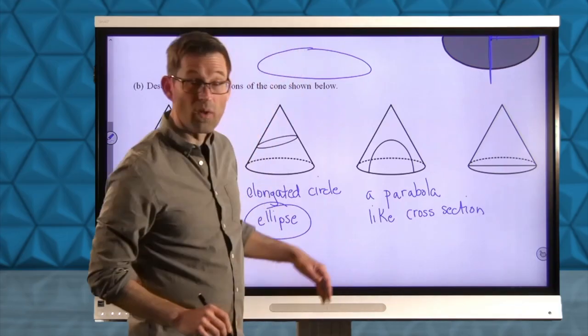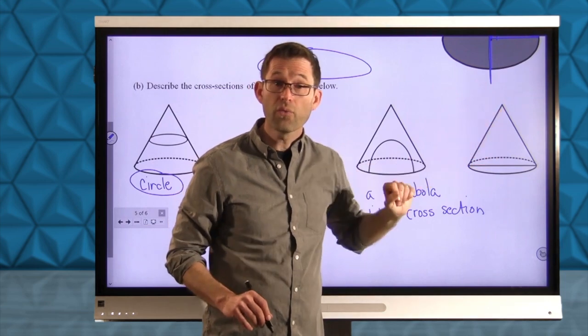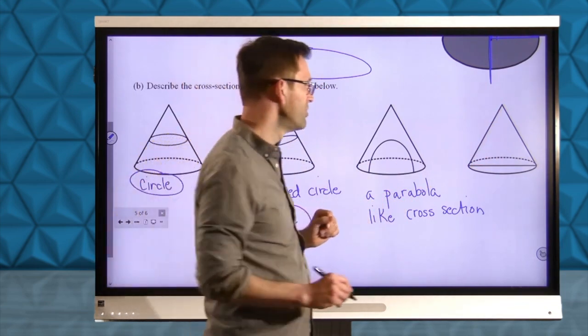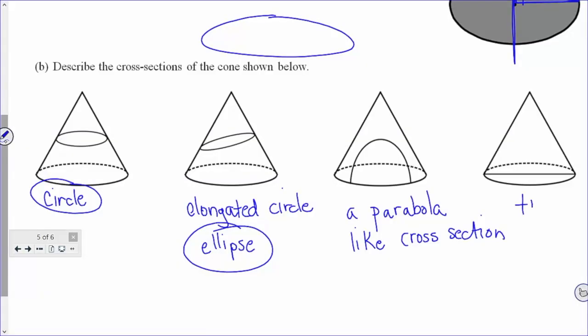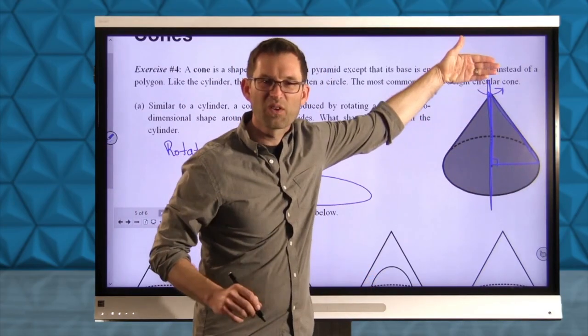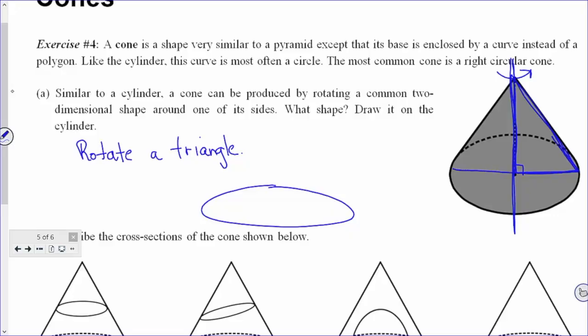And what's kind of cool is if we do slice it vertically right through the apex, then our cross-section is a triangle. Right? So if you literally came up to a cone, this right circular cone, and I just sliced it right through the apex, I would get this triangular cross-section, right, that I would see.